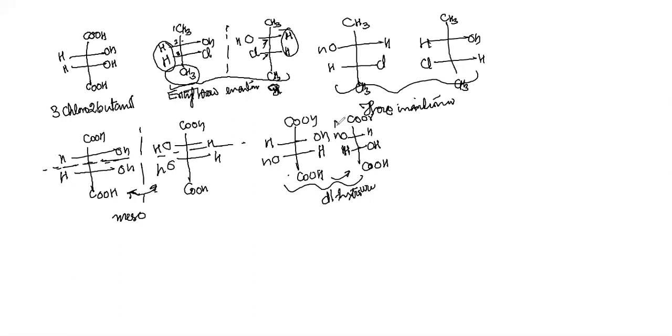Now, different methods, different processes involving optically active compounds. Number one is racemization.